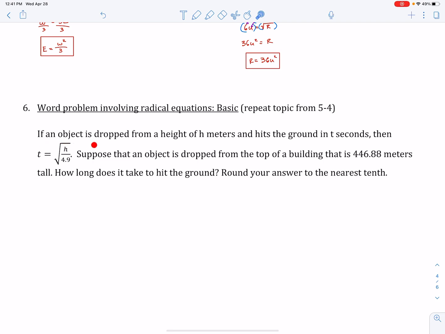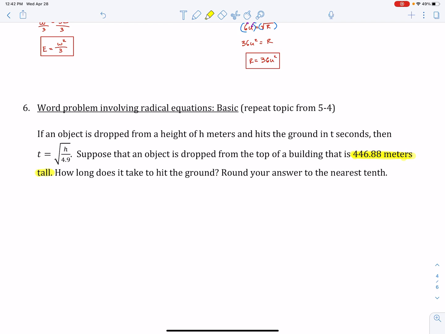So it says, if an object is dropped from a height of h meters and hits the ground in t seconds, then they give us an equation right here. Suppose an object is dropped from the top of a building that is, and it gives us the list of meters, tall. How long does it take to hit the ground?